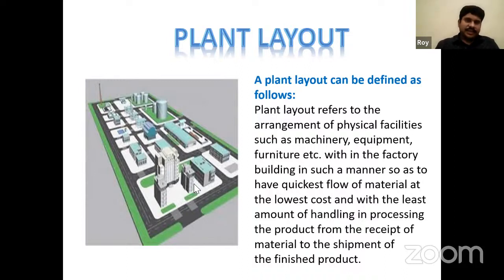Plant and factory are the same. We are using the word plant here. Machinery, equipment, furniture within a factory building, arranged in such a manner as to have the quickest flow of material at the lowest cost. This is very important.